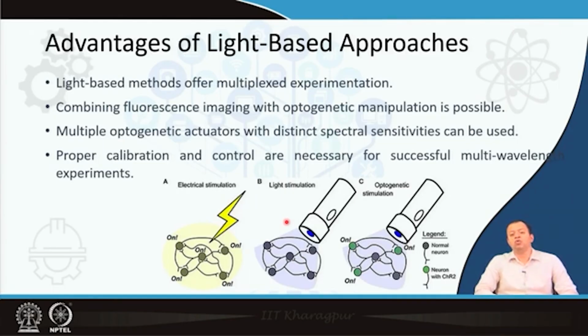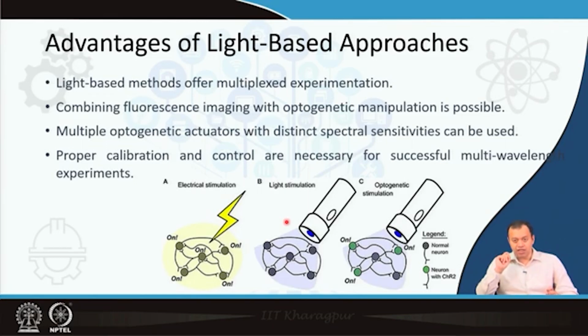So, it is up to you whether you want to modulate or fire one single neuron or one single group of neurons present in one specific part of the brain, or you can have multiple neurons firing simultaneously but separately, and then look into the combined effect that has on the behavior of the organism, right.